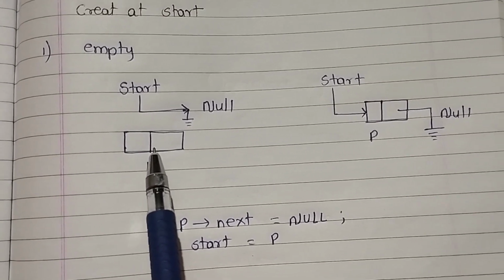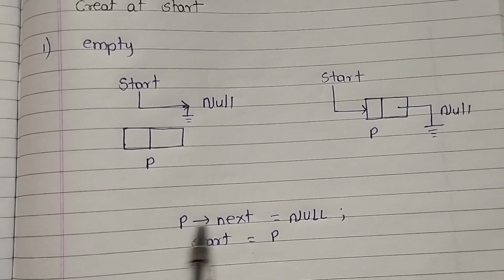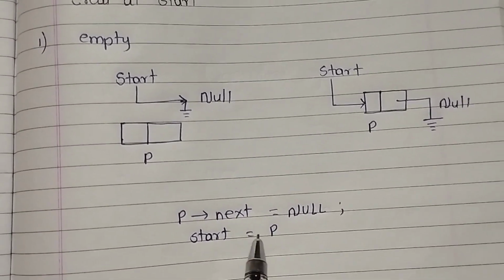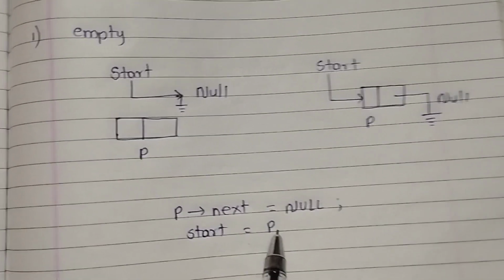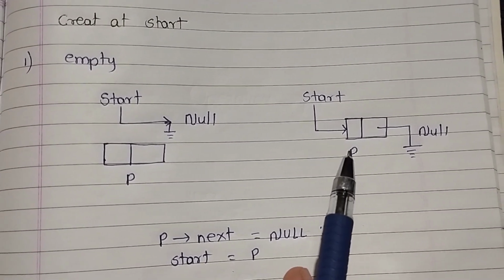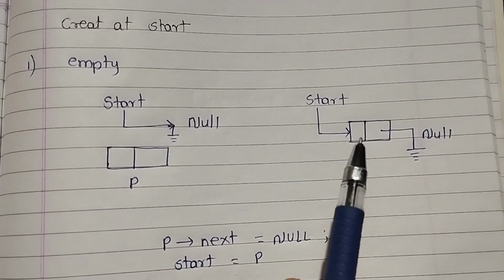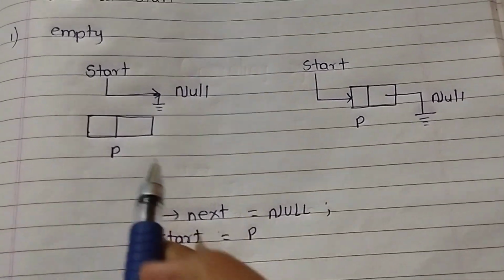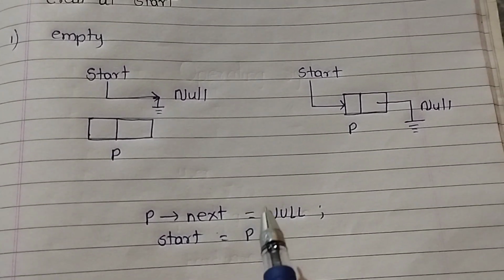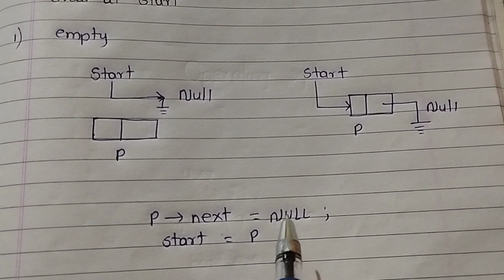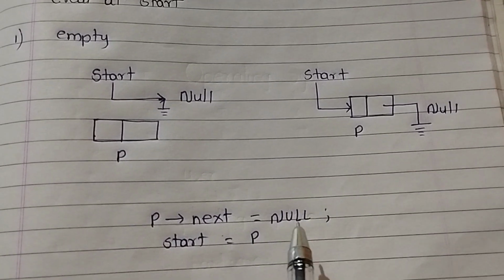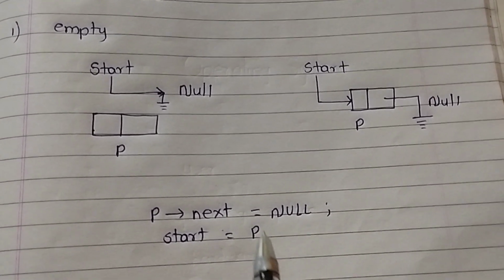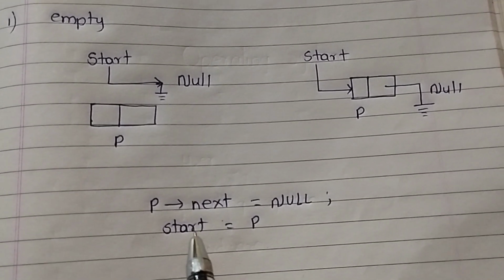As we mentioned here, we want p's next node to be null, then start is equal to p. So in this way we create a node at the time of an empty location. The meaning of this logic is that we give the data of the null to p's next, then the data of p is given to the start.